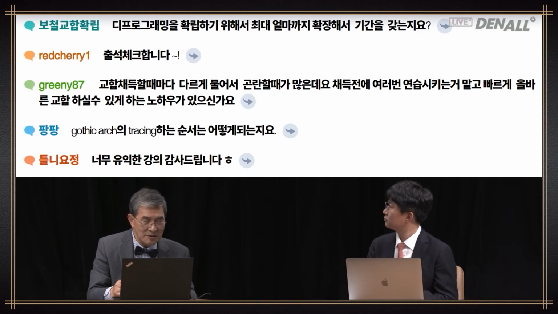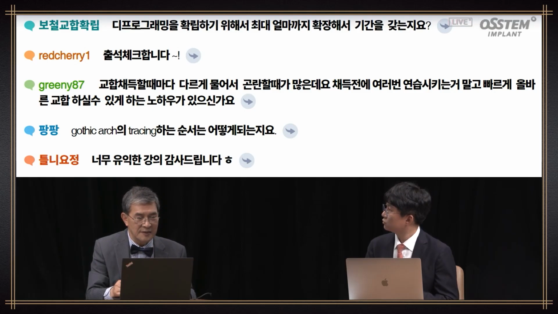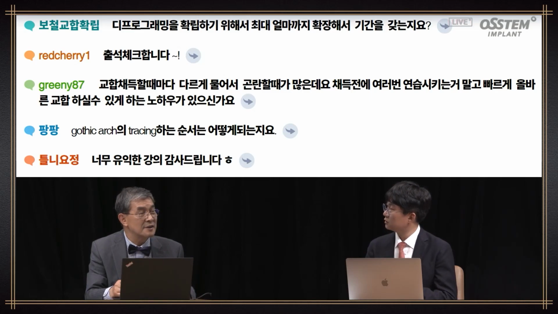Another question, in order to secure deprogramming, what is the maximum time that is allowed? Deprogramming on the day can be done using cotton rolls. It is to exclude the occlusal contact of existing denture.